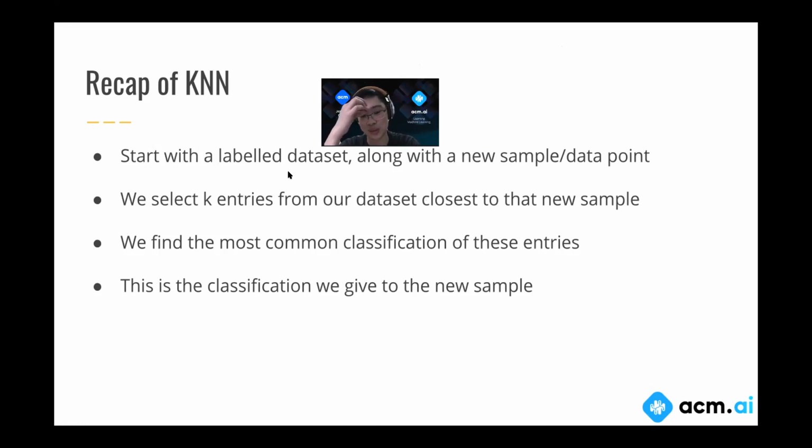So if you have 3 classes, then the k can be divisible by 2 because, oh, actually I see what you're saying. Yeah, if k is not divisible by 2, then that will be preferred. But if it's divisible by 2, it's also not the worst if you have 3 classes.